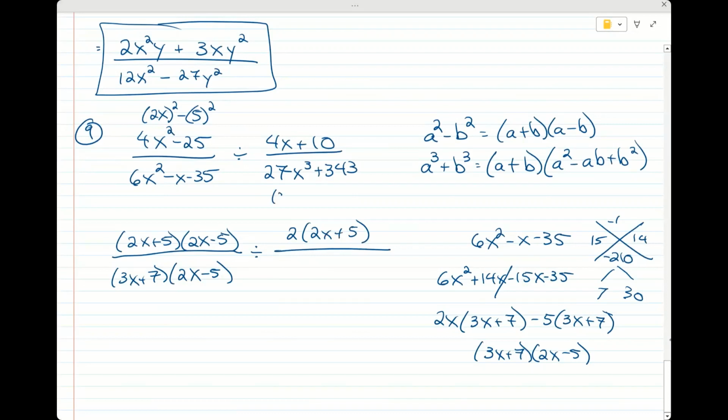So this would be 3x to the third plus 7 to the third. And then if we factor using the SOAP formula, the sum of cubes, we get 3x plus 7 times 3x squared, opposite sign 2x times 5, and then always positive 5 squared.